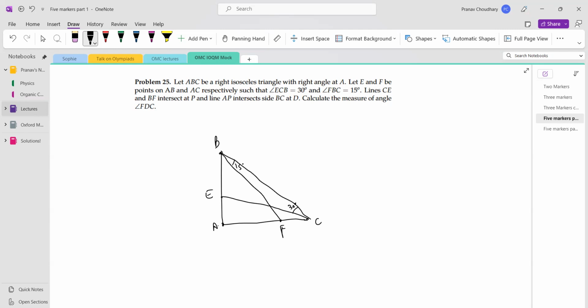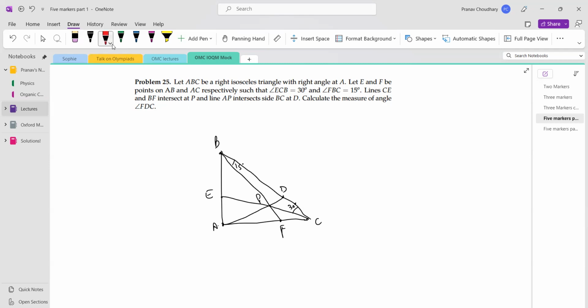Lines CE and BF intersect at P and AP intersects BC at D. So we have to find angle FDC.